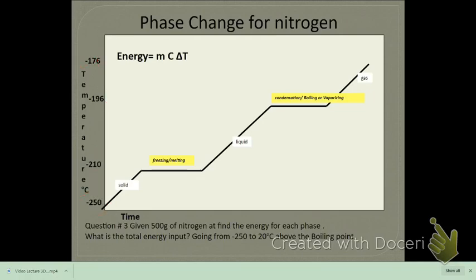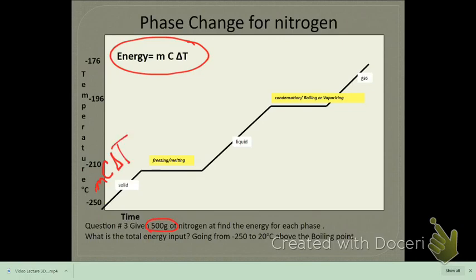The first thing I'm going to do is figure out, at a negative 250, I have to heat my solid. So I'm going to have to use my energy formula to heat my solid. I know the mass is 500 grams. I know the specific heat, which is going to be given to me. And I have to figure out what my temperature change is.